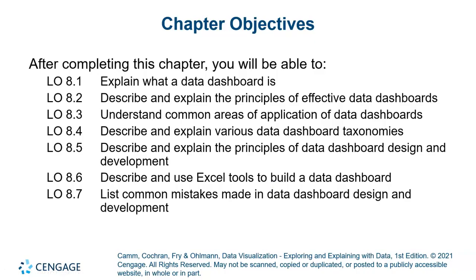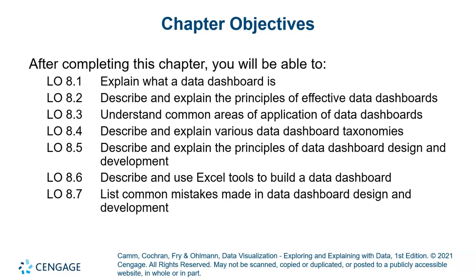The objective of this chapter is that we will explain what a data dashboard is. The second objective is to describe and explain the principles for effective dashboards. Thirdly, we will understand common areas of application of data dashboards, that is, where these dashboards are used.